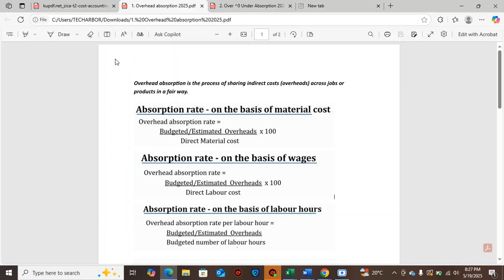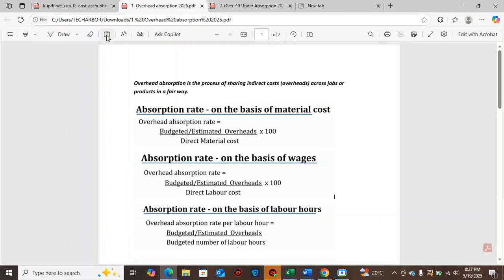So after you have done your overhead apportionment and then you get your overhead absorption rate, which is basically just your overhead cost per unit, then you'll be able to include the overheads in the cost per unit. There are many ways we can absorb overheads.